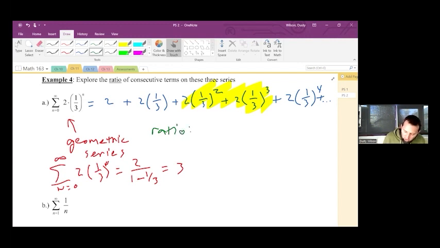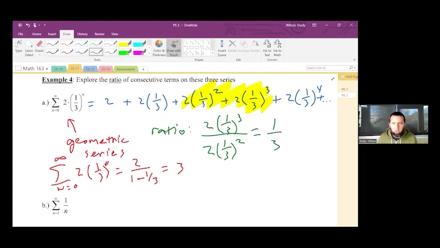In this case, the ratio is going to be 2 times 1/3 to the 3rd power divided by 2 times 1/3 to the 2nd power. And notice this ratio is equal to 1/3.